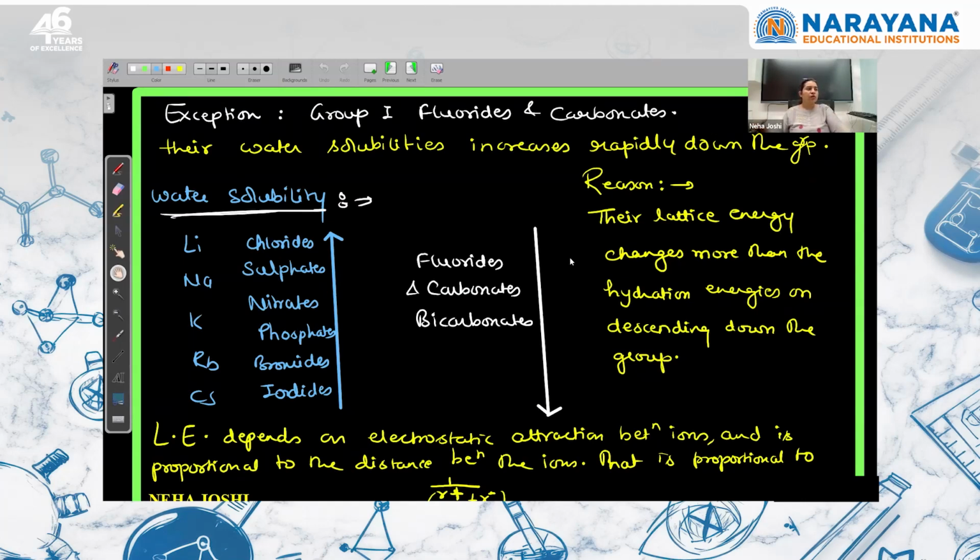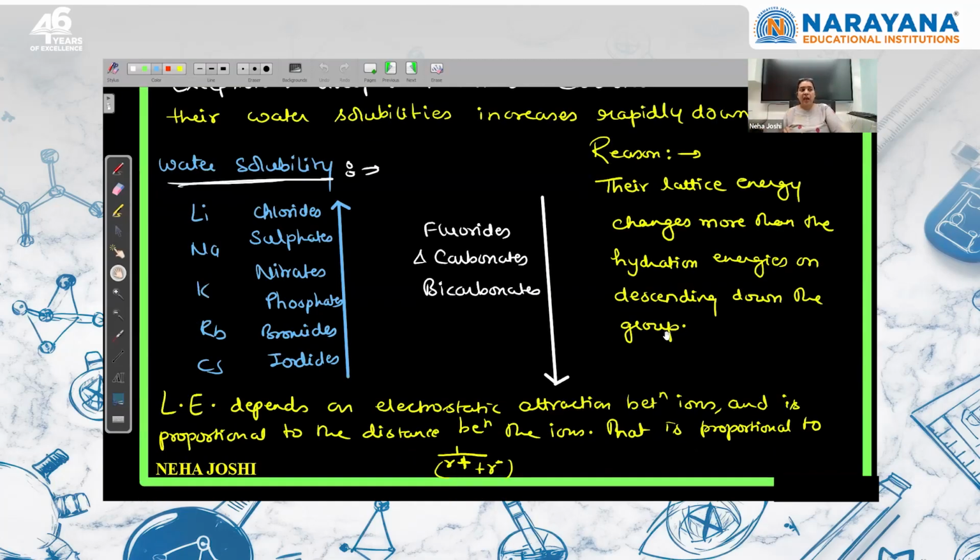So let's move on. The exception is the group 1 fluorides and carbonates. Their water solubility increases rapidly down the group. When it increases, the reason is that their lattice energy changes more than the hydration energy. As I told you, you have to play only with these two, lattice energy and hydration energy.